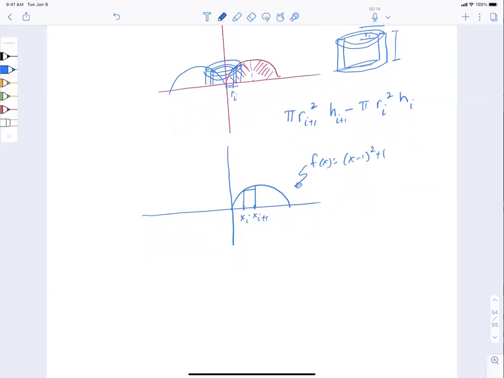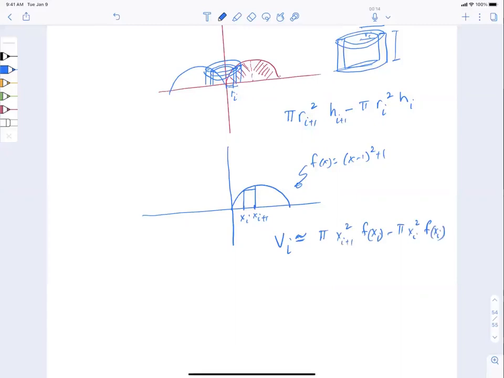So the volume of the ith shell is approximated, because we flattened the top, so it's approximately equal to pi times radius xi plus 1 squared, height f of xi, minus pi xi squared f of xi.